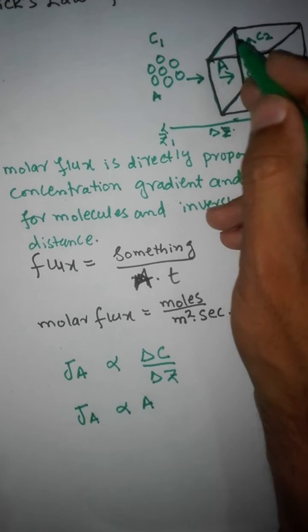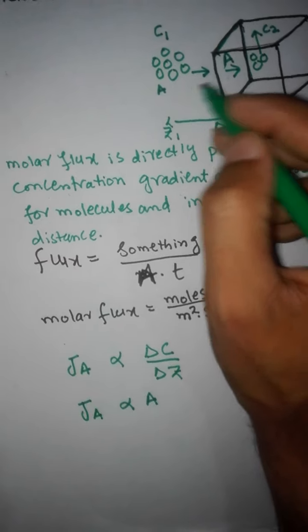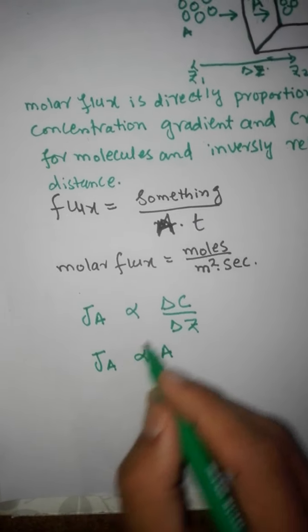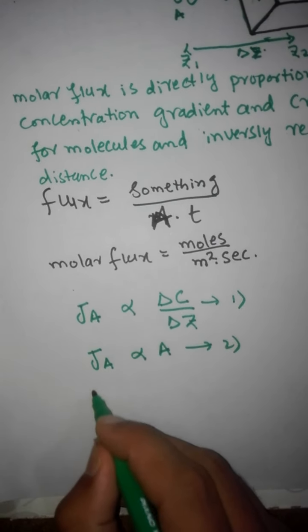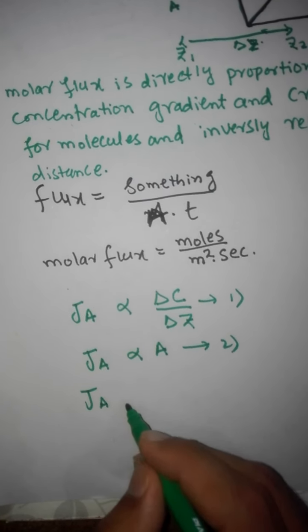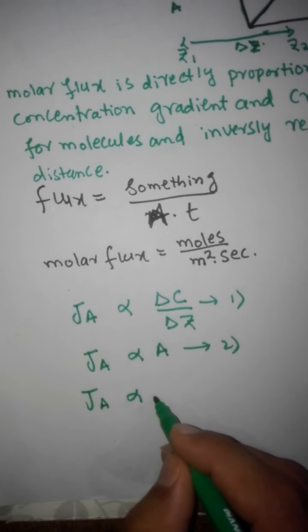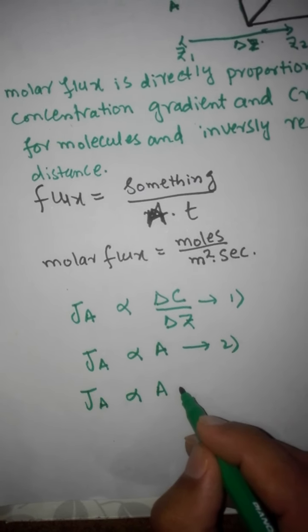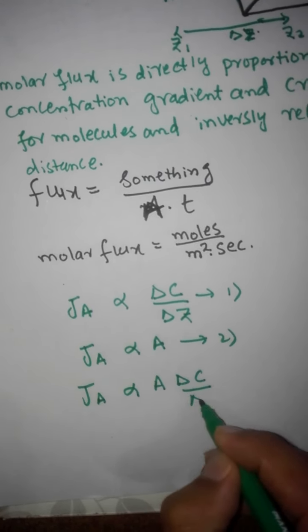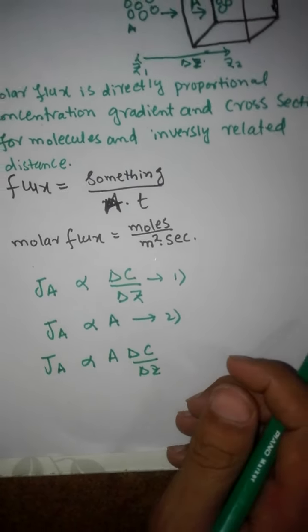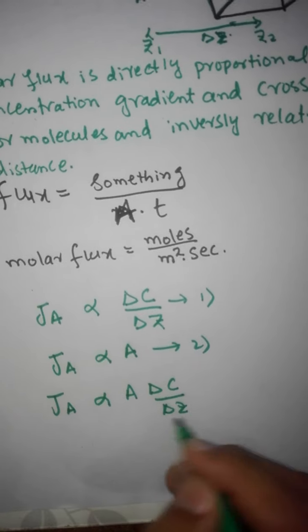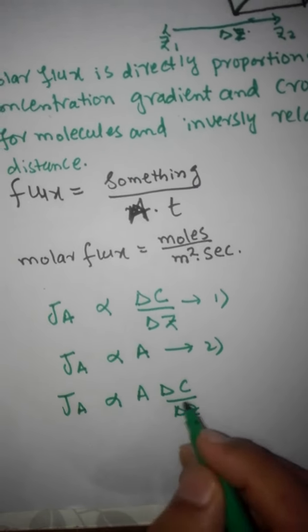Similarly, when the area increases, the molar flux will also increase. Now combine these two relations: molar flux is directly proportional to cross-sectional area into concentration gradient. Concentration gradient is the change in concentration per unit length, where delta Z is length.